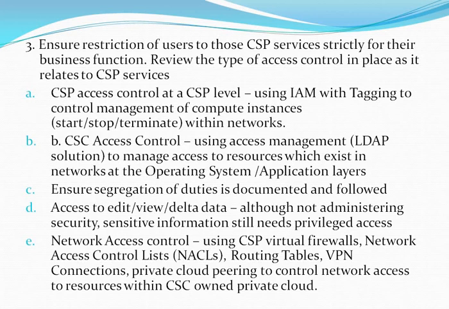The last is network access control. Using the CSP virtual firewall, network access control lists, routing tables, VPN connection, and private cloud peering to control network access to resources within the CSC's own private cloud. To explain this point, I created a separate video on how a private cloud works and how a public cloud works.